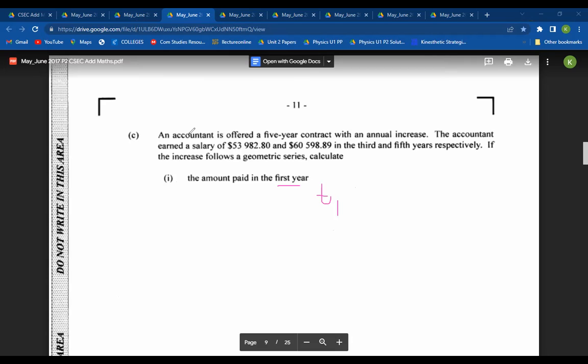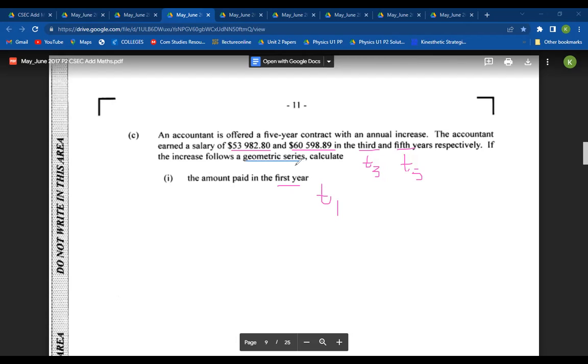So the accountant earns a salary of this and this in the third and fifth years respectively. So this is the third year, meaning that this is T3, fifth is T5. And then they told me that this is a geometric series. So I have my third term, fifth term, and I know that this is a GP.